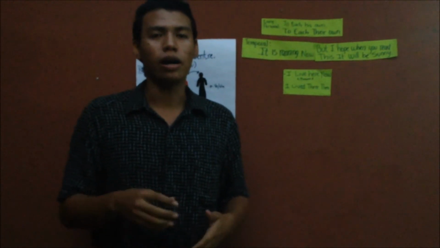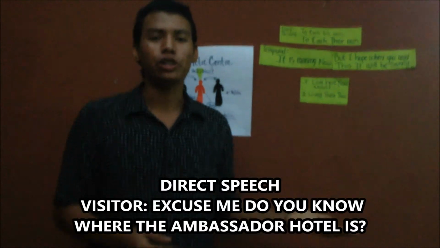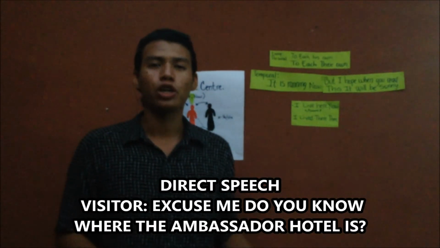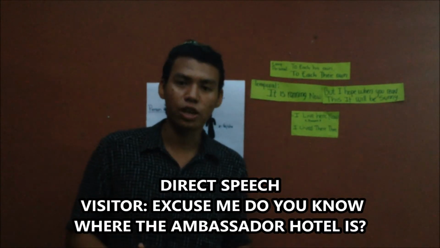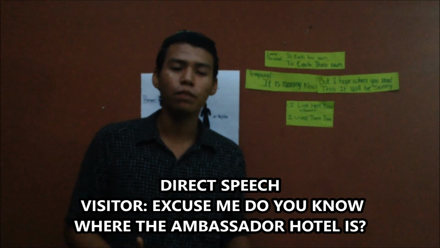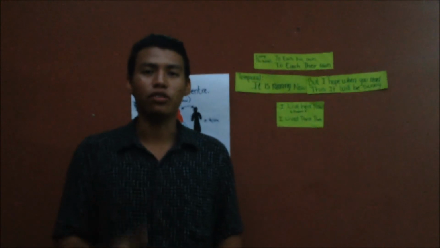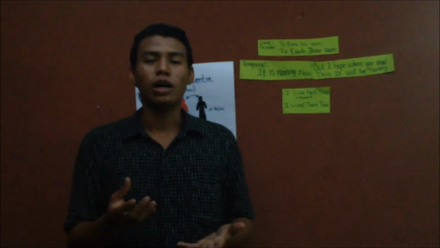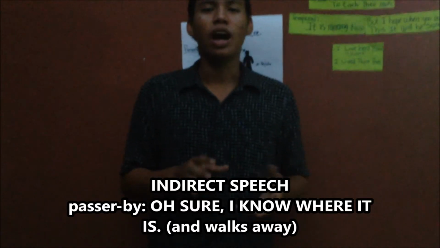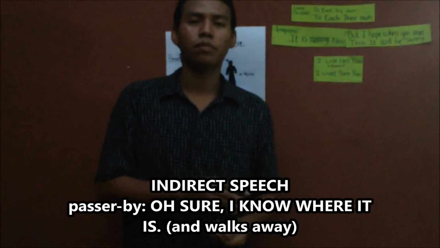We have an indirect example, like for example, a visitor: "Excuse me, do you know where the Ambassador Hotel is?" The direct answer for this question is, "Oh, sure, I know where it is."